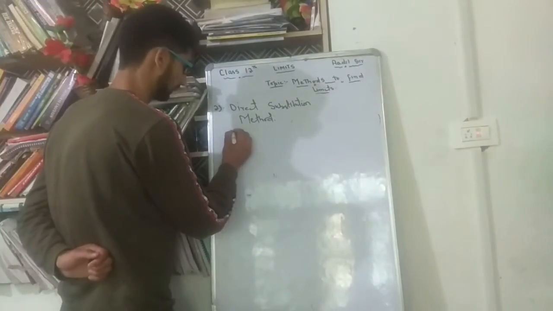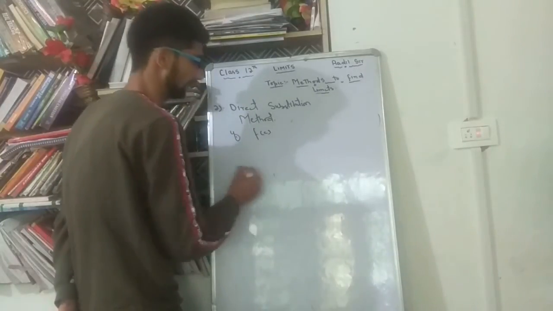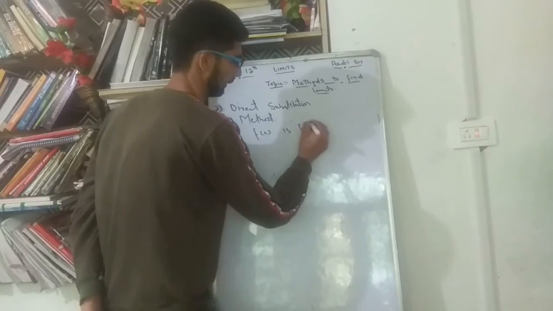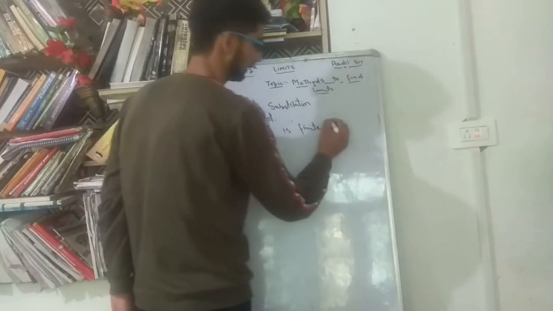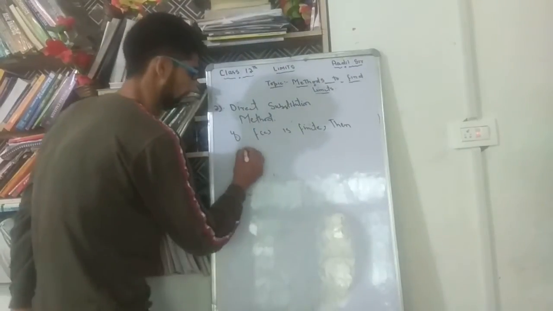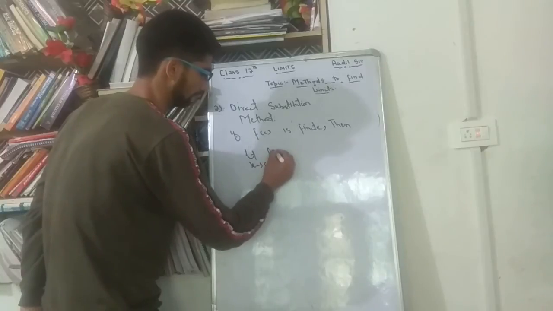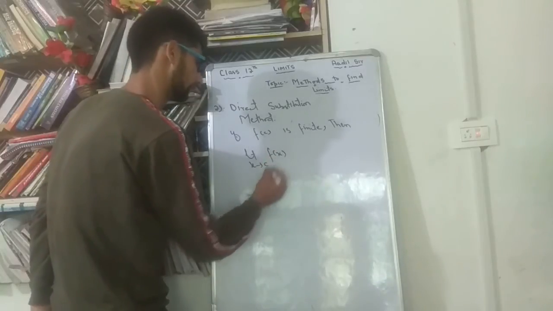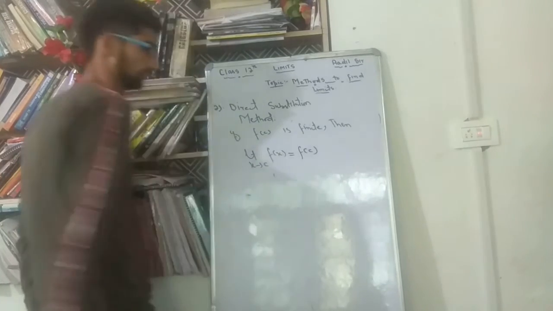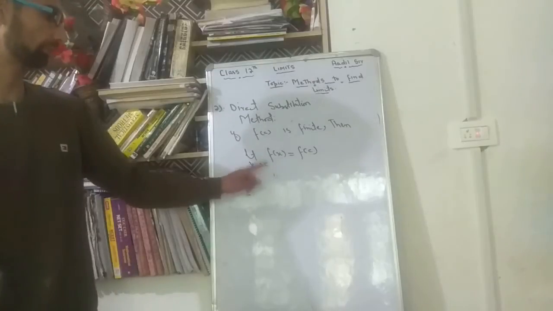If f of C is finite, then limit X turns to C f of X is equal to f of C. If f of C is finite, then this condition prevails.